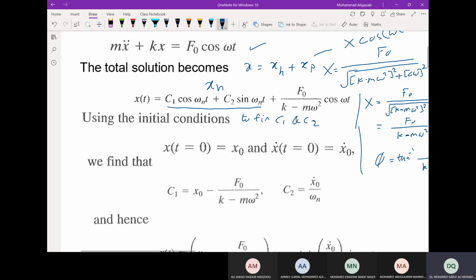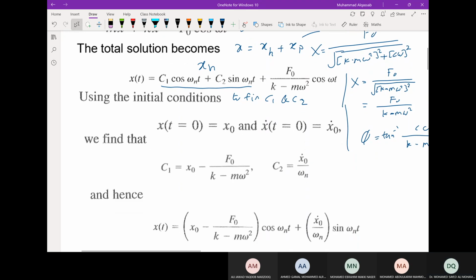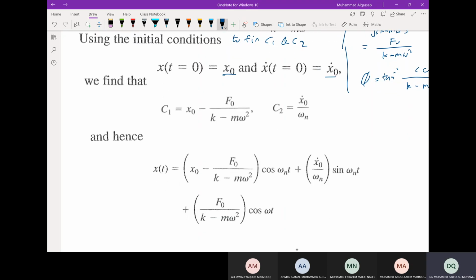Okay, I will just finish this page and then you can leave. So x at 0 is x0, and x dot at 0 is x0 dot, which means they are given. They are just put as parameters, but they are given. So when you substitute in the total solution, you will get C1 equal to x0 minus f naught over k minus m omega squared, and C2 is x0 dot over omega n.